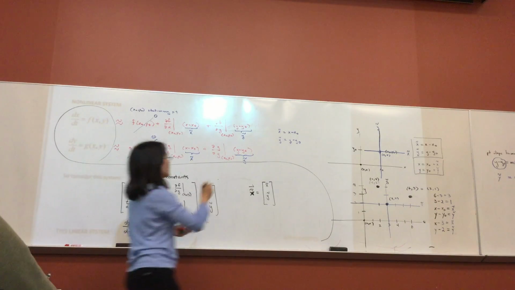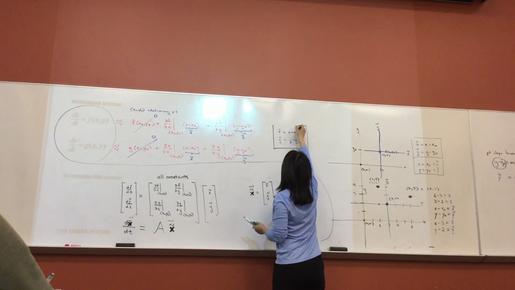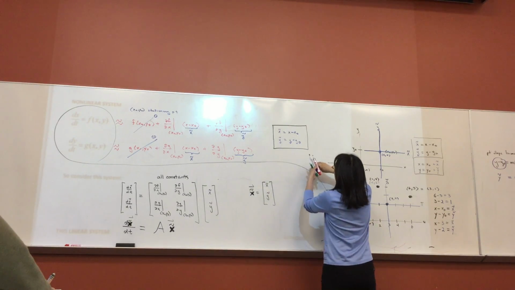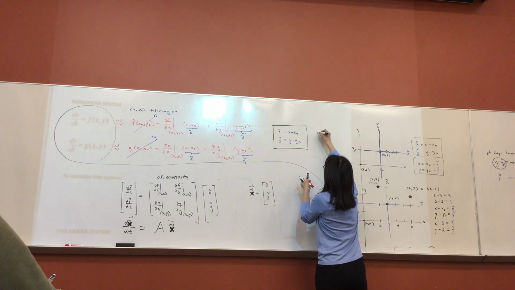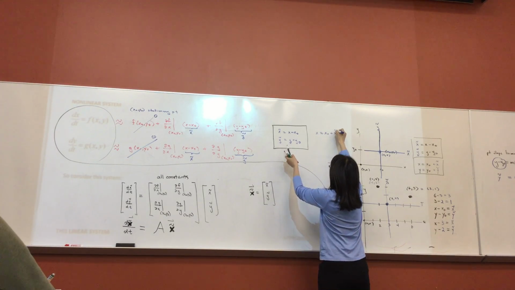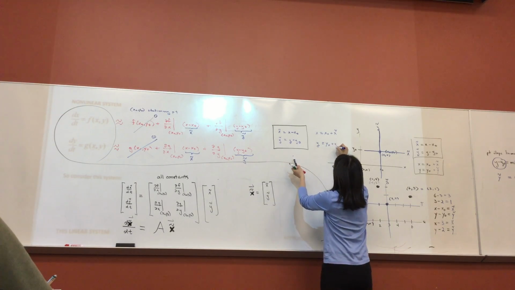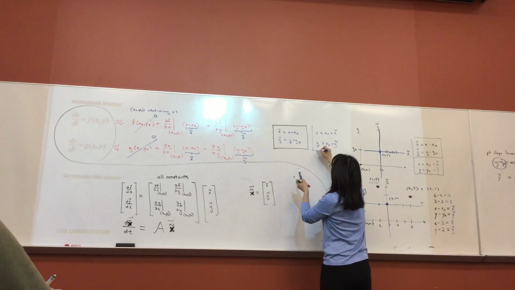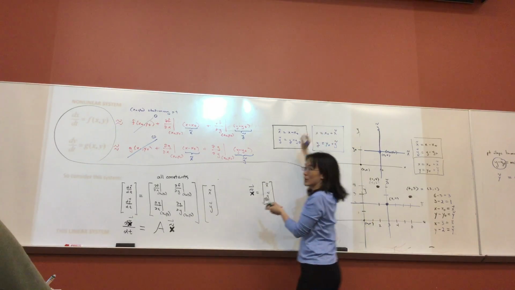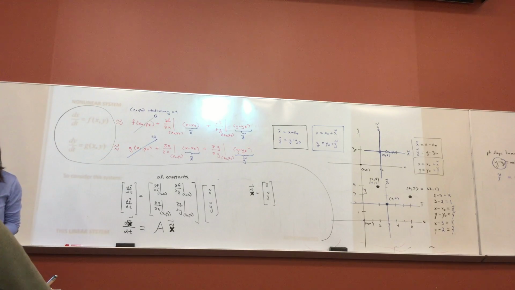Always remember that this is our change of variable. Let's rewrite that: x equals x naught plus x tilde, and y equals y naught plus y tilde. This is how you switch back and forth. All I did was add that to both sides.